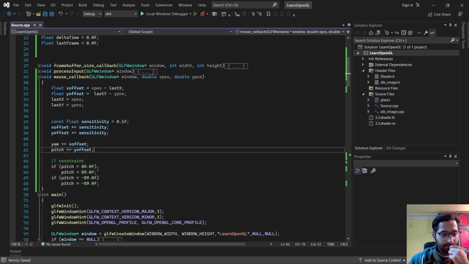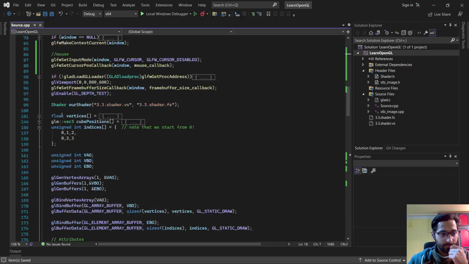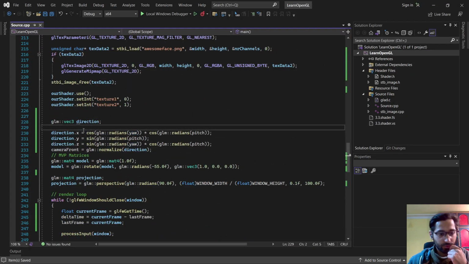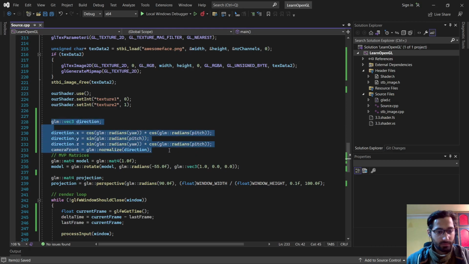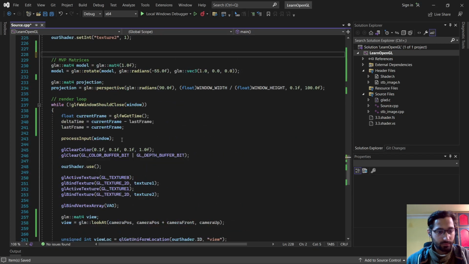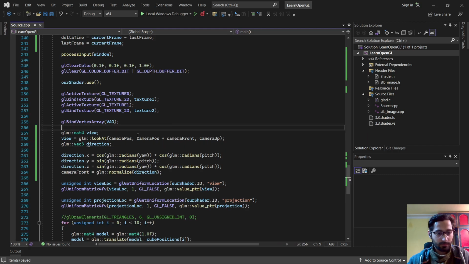So this is fine. Then we're getting the camera front. We're only setting it here, we're not setting it again anywhere else. We're just using it once. We have to do it again and again inside our loop. Okay, that will be the view.